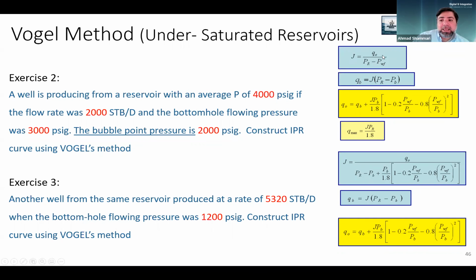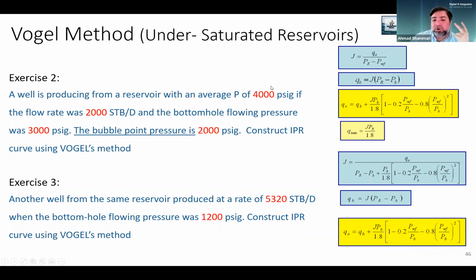From PI, I can now get my QB. What is QB? QB is the flow rate at the bubble point pressure, at flowing bottom pressure equal to the bubble point pressure. So QB equals J, which is 2, times P reservoir minus PB.